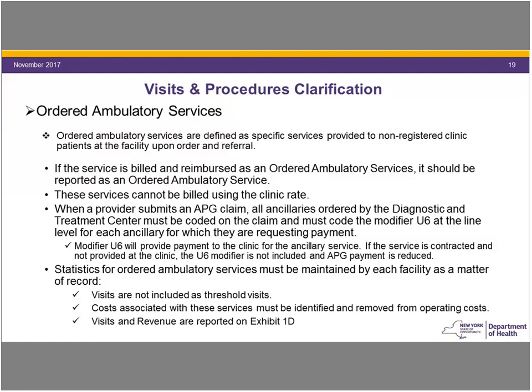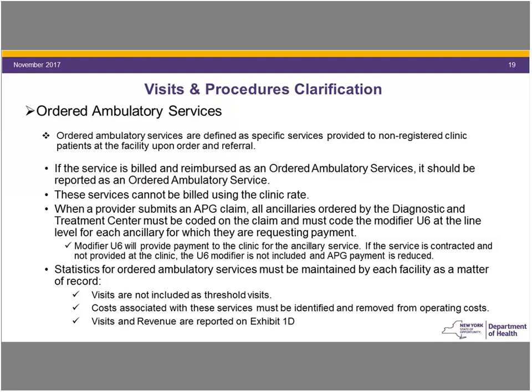So when it comes to the ordered ambulatory, it is a non-registered clinic patient, cannot be billed using the clinic rate. When you submit an APG claim, you need to use the U6 modifier if you want to be paid or not. And the visits are not included as threshold visits. There is a separate area to report them on 1D.